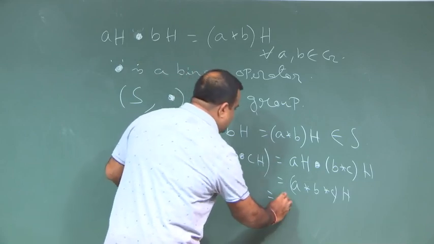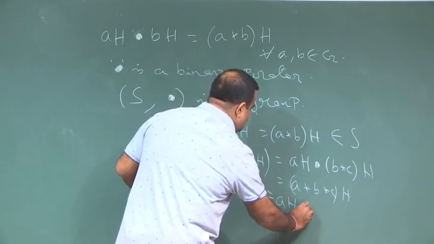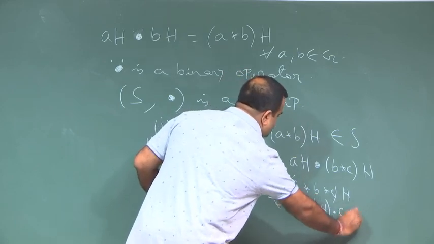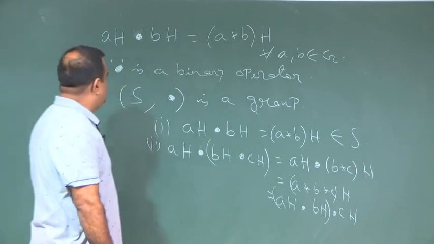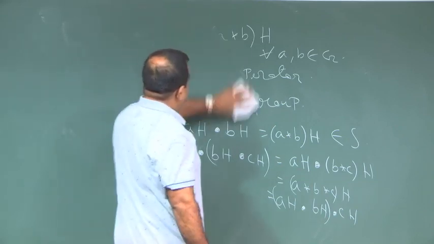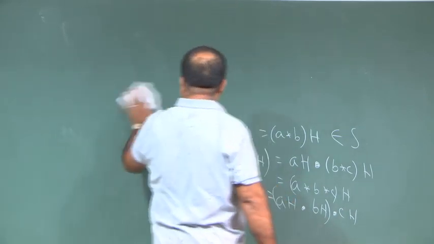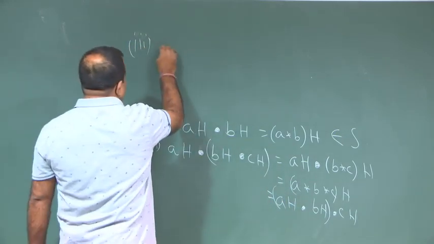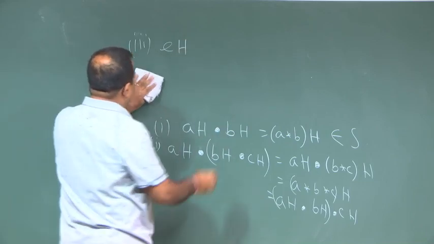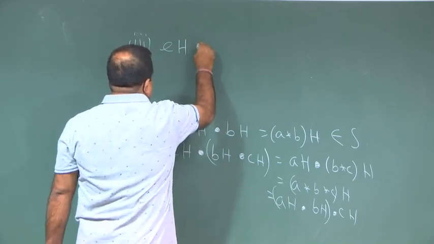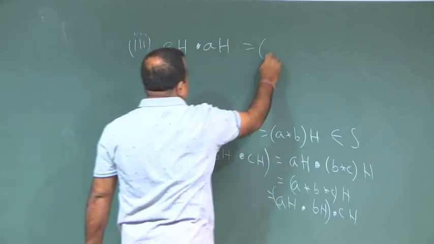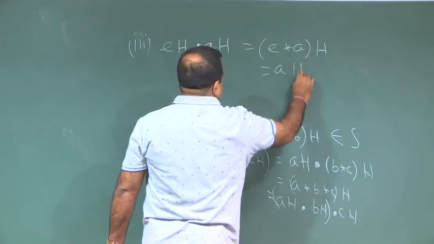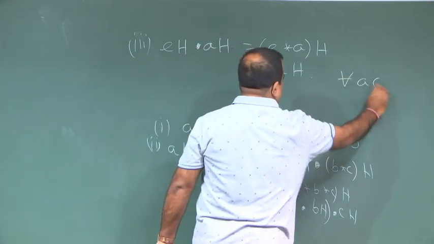So, we can write aH dot bH dot cH, and associativity is there. Now, identity element: H is the identity element, because H means eH. If you operate eH with anything else, this will give us e star a H, which is basically aH, and this is true for all a belonging to G.